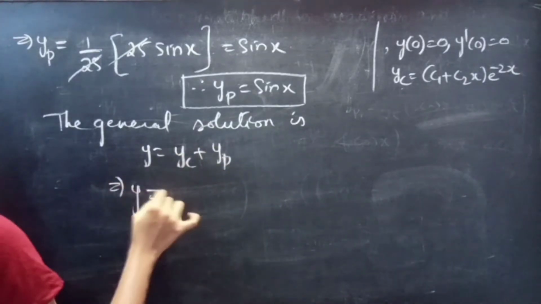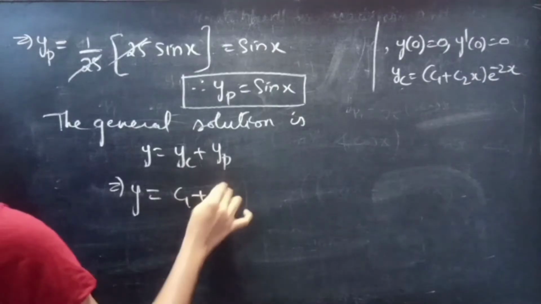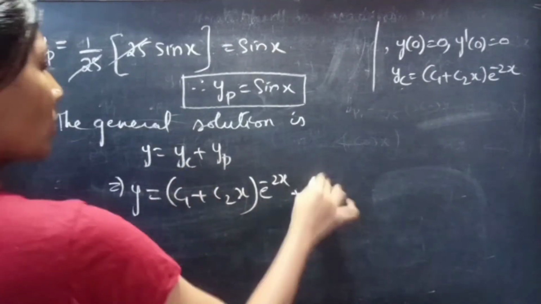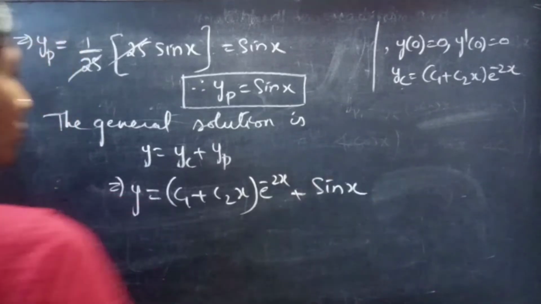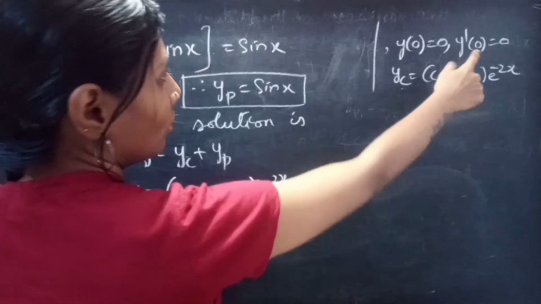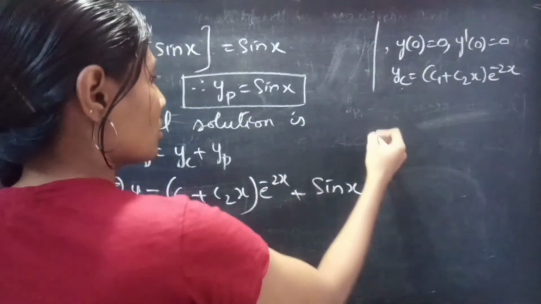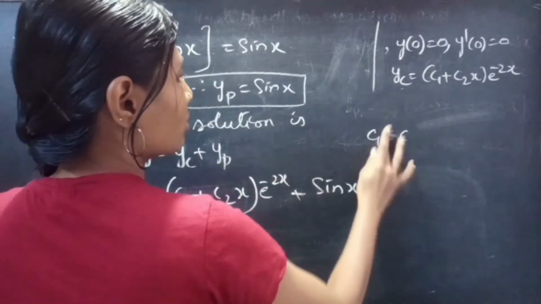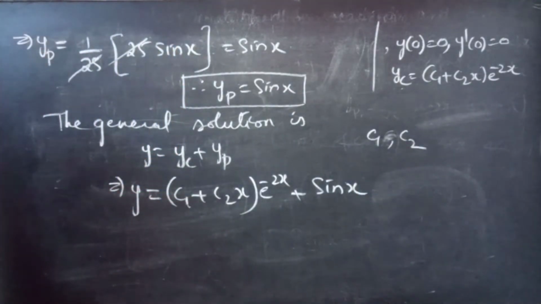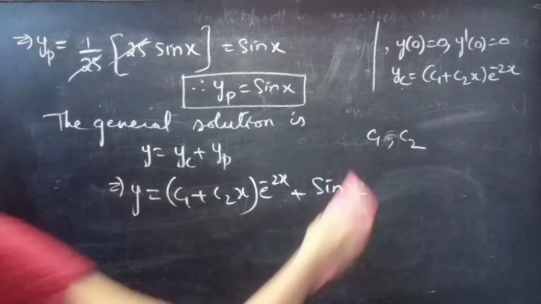Then y equals, for yc, we have c1 plus c2x into e power minus 2x, plus yp, sin x, right? Now we need to use the given initial conditions to find the constants c1 and c2. Okay, here c1 and c2 are unknown constants, right?